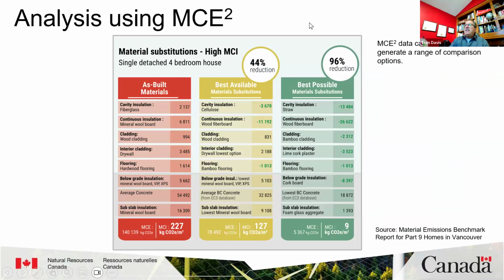So again, we can substitute with the best available materials. We get a 44% reduction in operational carbon. Maybe our material carbon has gone down also. Best possible, we can take it down to virtually 100% reduction, 96% reduction.